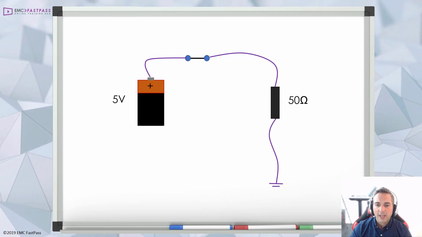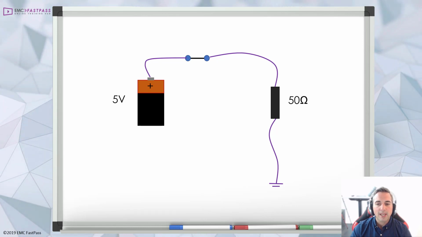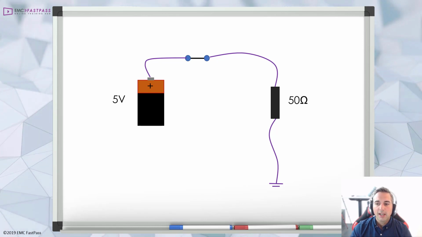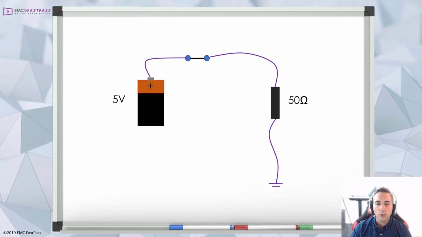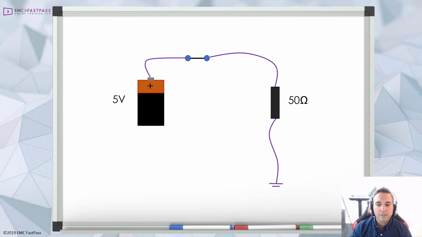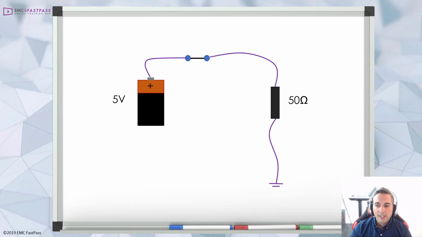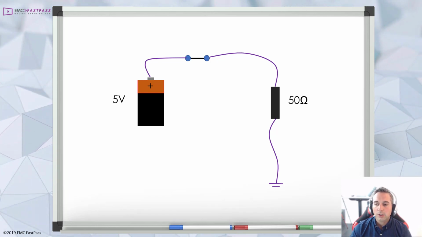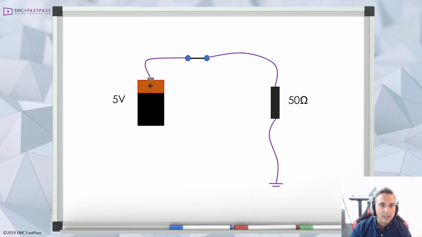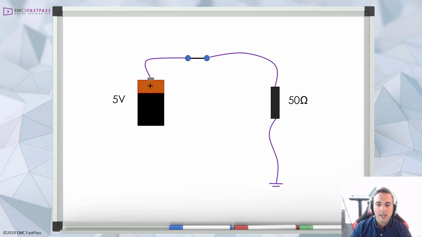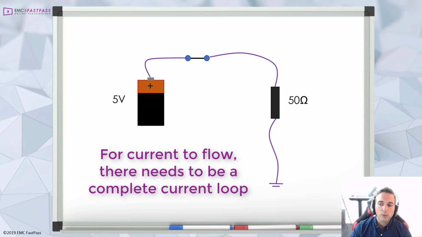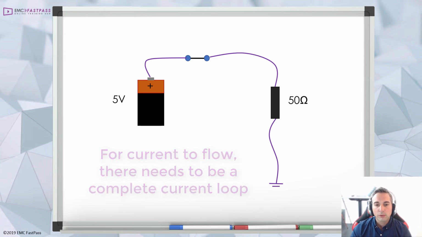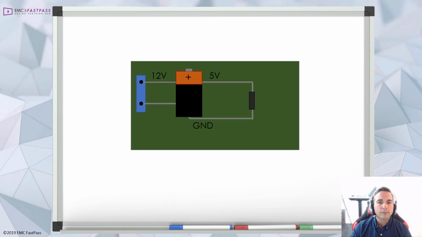The positive end of the battery goes to the same potential as the connection, and the negative terminal floats to minus 5 volts. So we can see that for the current to flow, there needs to be a complete electrical loop. And this is essentially what Kirchhoff's current law says, that the sum of all currents flowing into and out of a node is zero in a closed system.